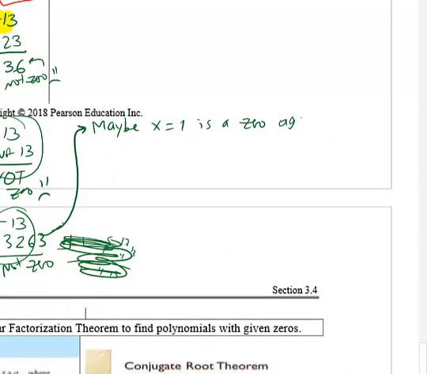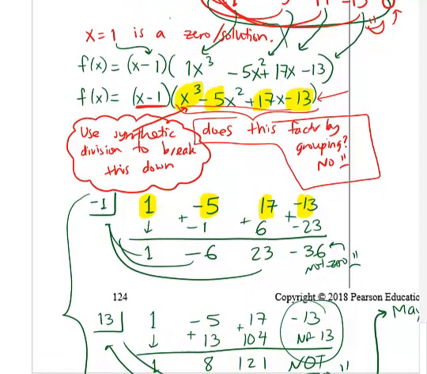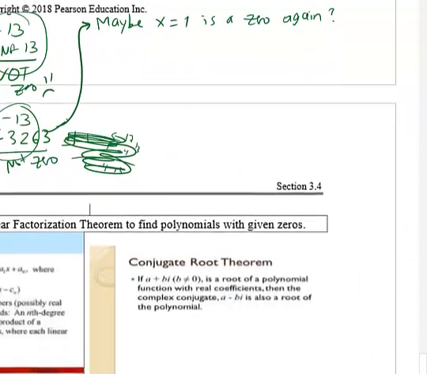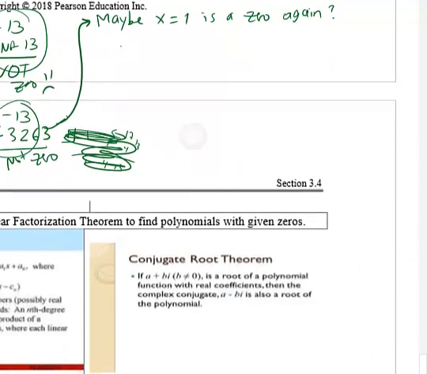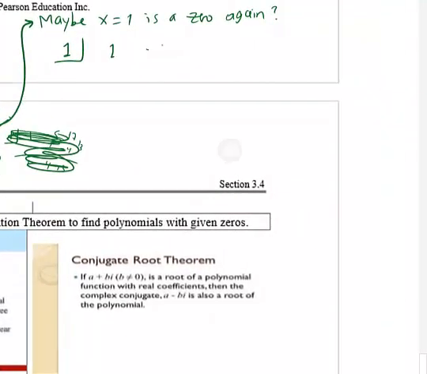That would just mean it has multiplicity 2. Remember, x equals 1 was the one that was a success to begin with, but it's possible that it's the same solution twice. So I'm going to try 1 in the smaller polynomial we've been working with. The coefficients were 1, negative 5, 17, negative 13.